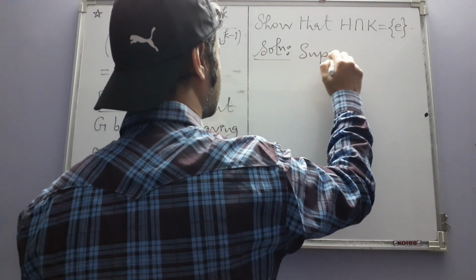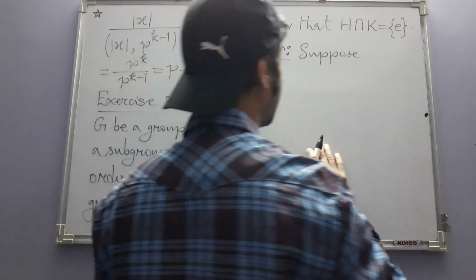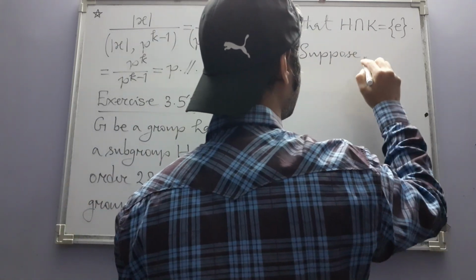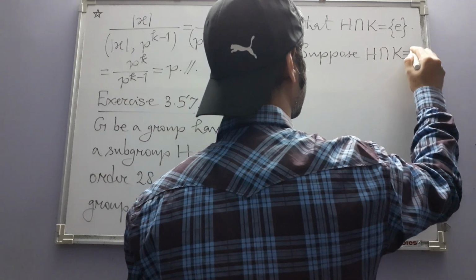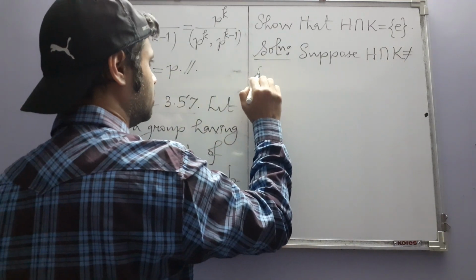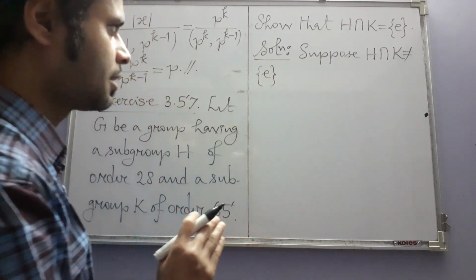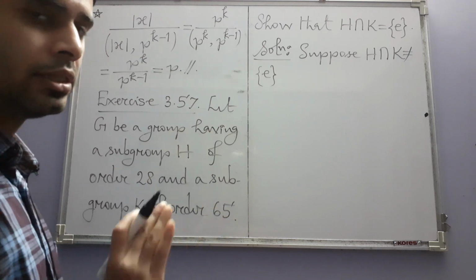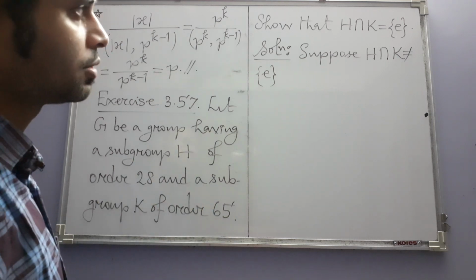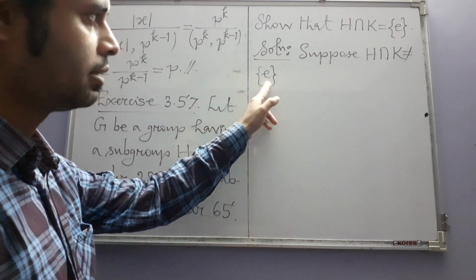Suppose, contrary to what has been claimed, that this is not trivial, that in this intersection there is something other than E. In the intersection, of course, E would be there. There is no doubt about that because both H and K are subgroups, so each one of them has the identity element.